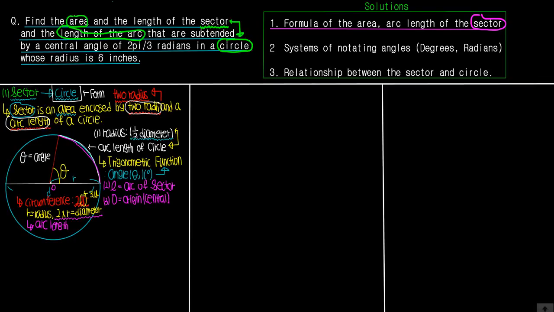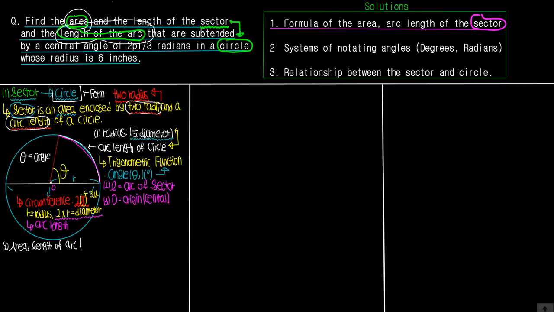So using these things, we might think about what the sector's arc lengths and areas are. So the second thing we might think about will be the area as well as the lengths of our arc, which means the basic formula of our sector.